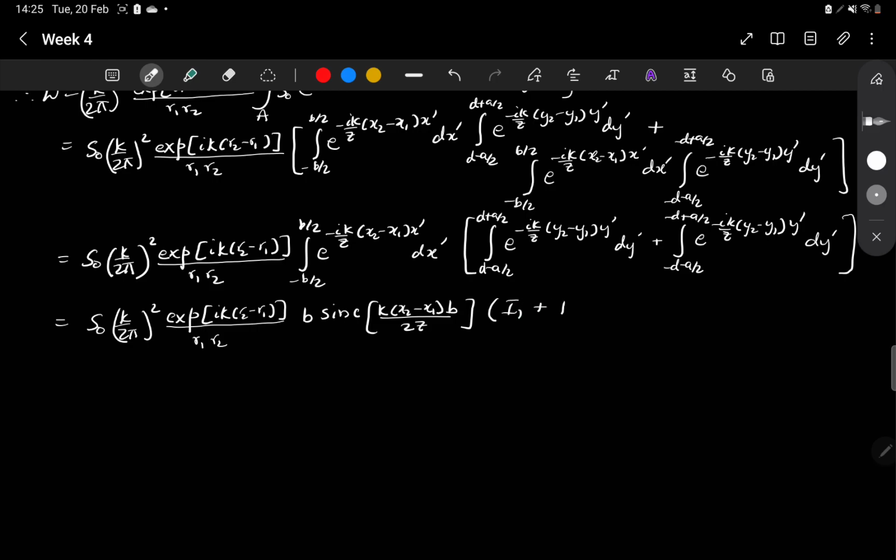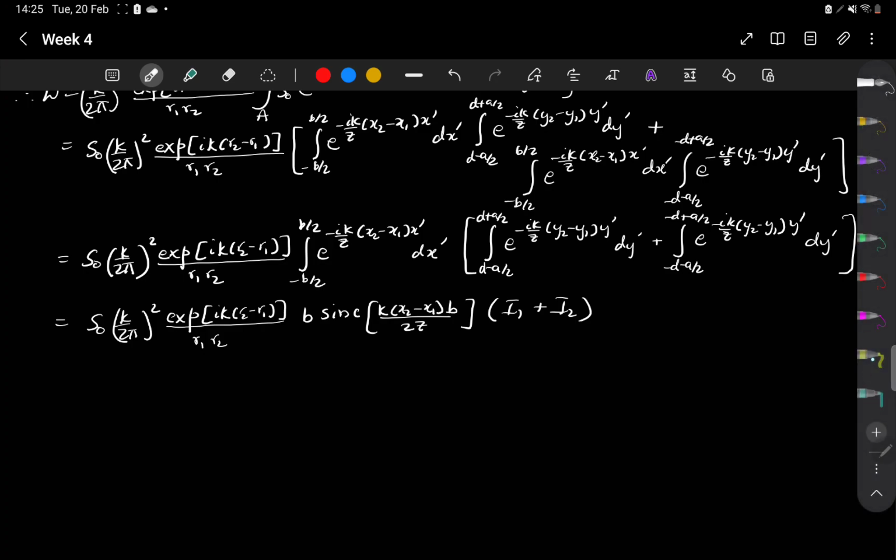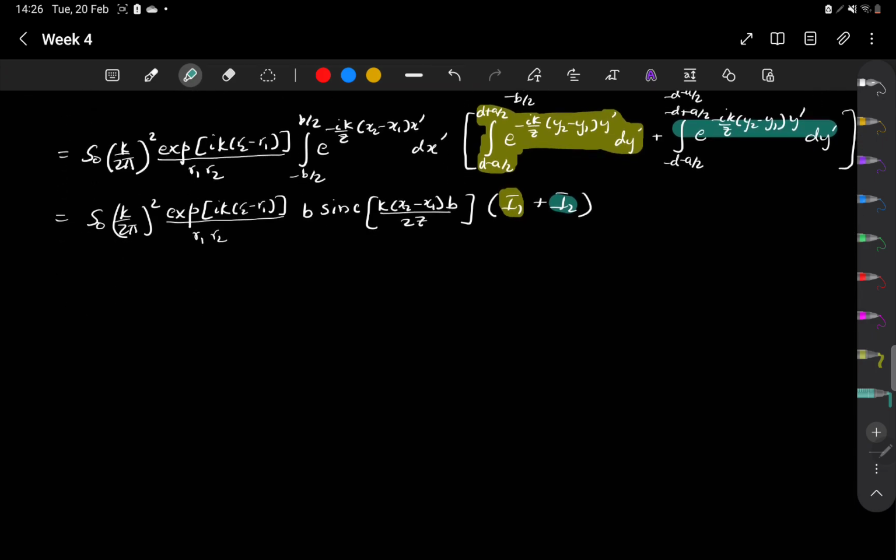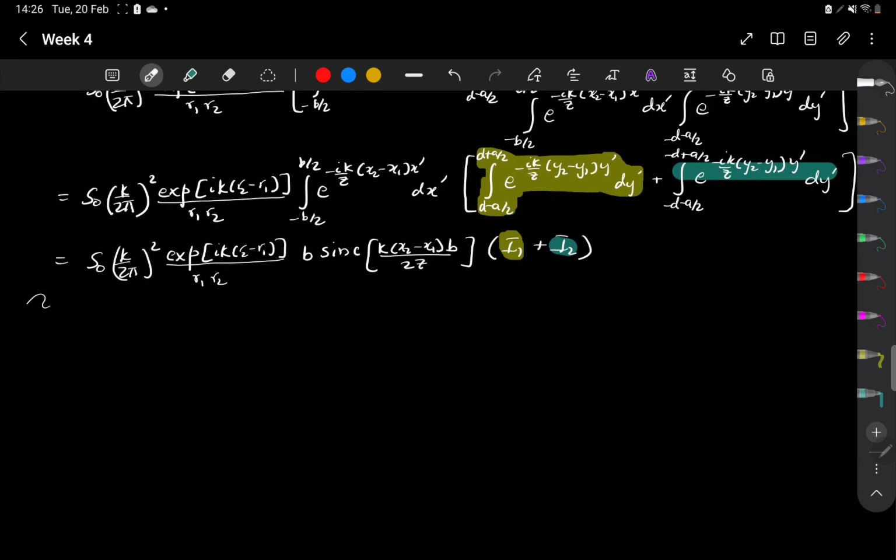Let us call these integrals I1 and I2. This integral over here I'm calling I1, and this is my I2. Let us evaluate I1 first.